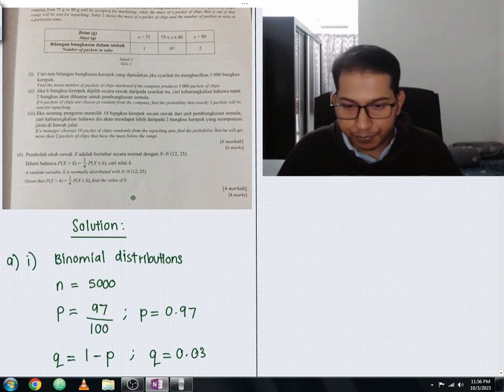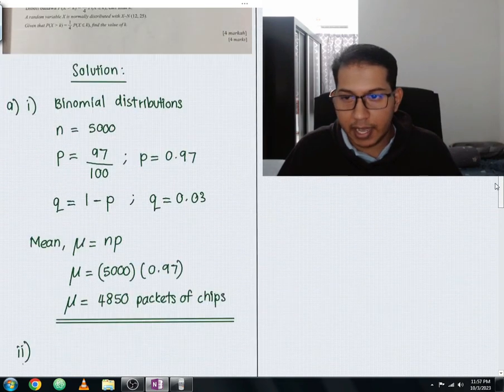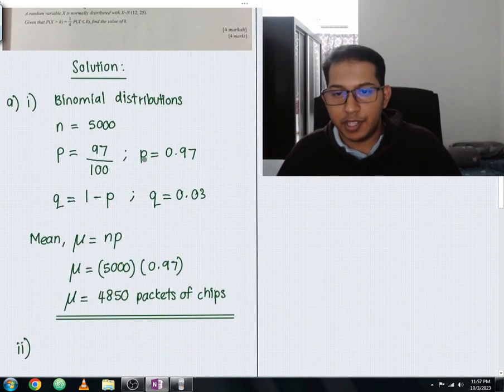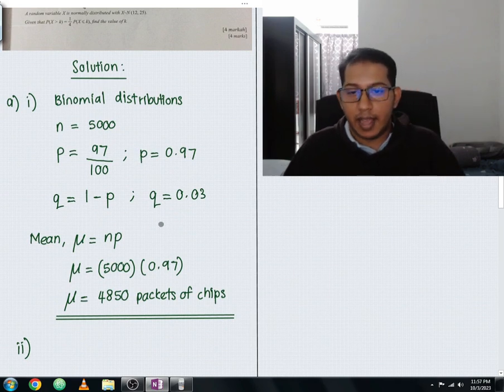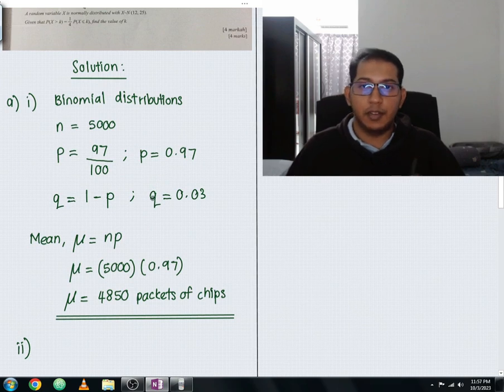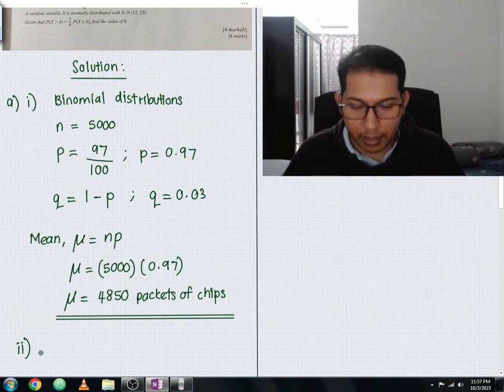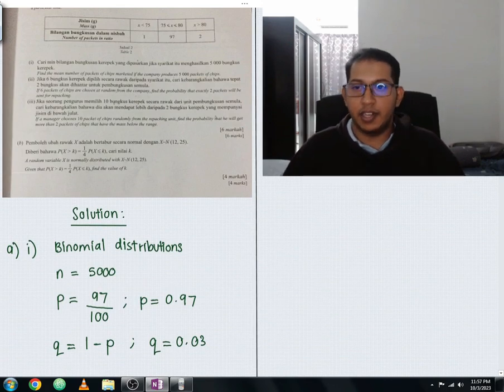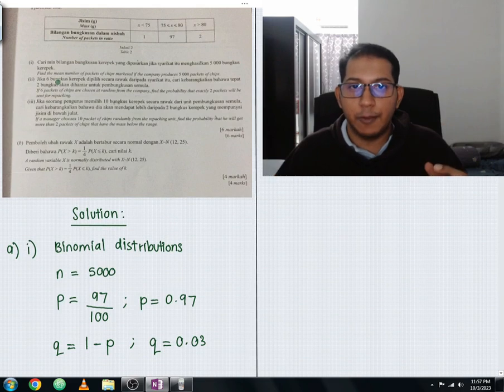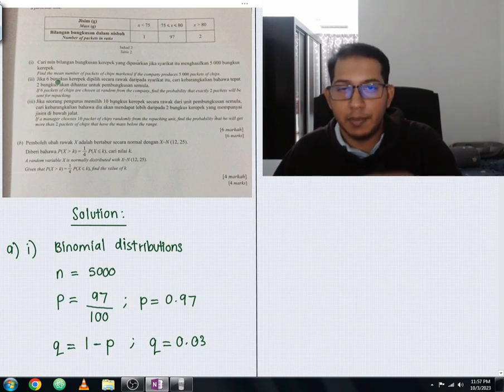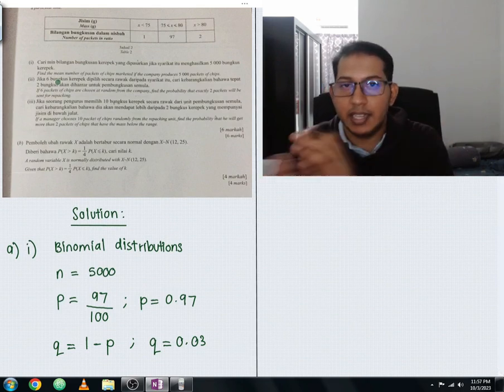So from here, the one which was the probability of success in question A part 1 will be the probability of failure, and the one which was the probability of failure will be the probability of success for question A part 2. Okay, I hope you understand what I mean, guys, because the cases are different now. In this case we want to find the probability of being sent for repacking, because it is out of range.